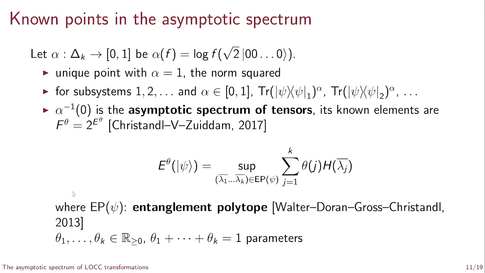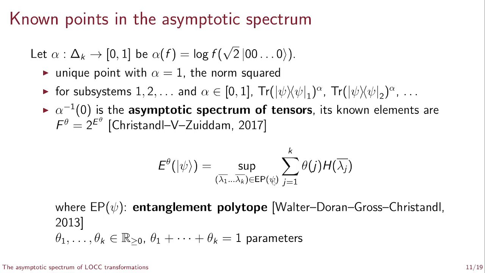Its known elements are a family parameterized by a simplex. So again, we have these parameters theta 1 up to theta k that are non-negative numbers summing to 1. And the value of these elements in the spectrum are given by a certain optimization over the entanglement polytope of this state. And the objective function that we are optimizing is a convex combination of the entropy. So we call that the entanglement polytope. It can be imagined in a way that we take the SLOCC orbit of the state.